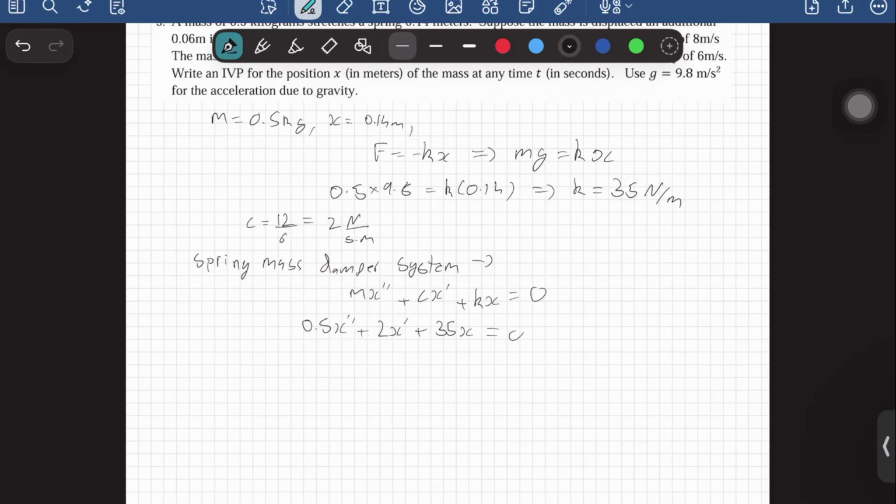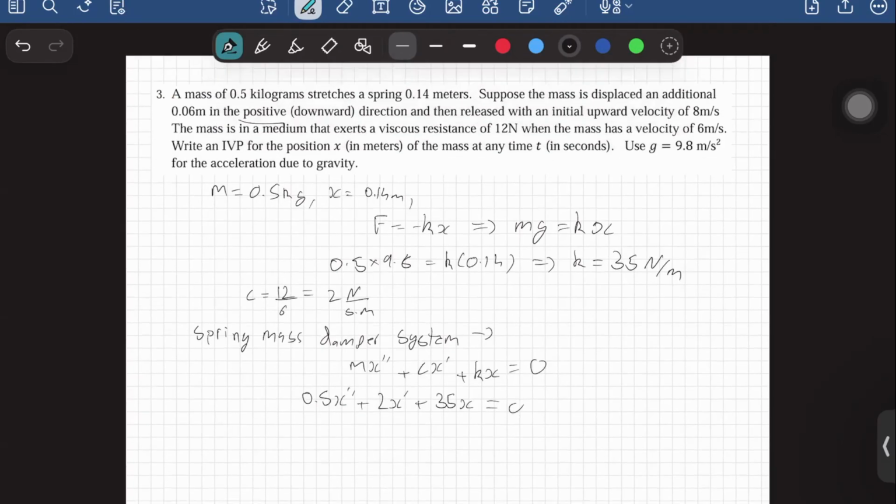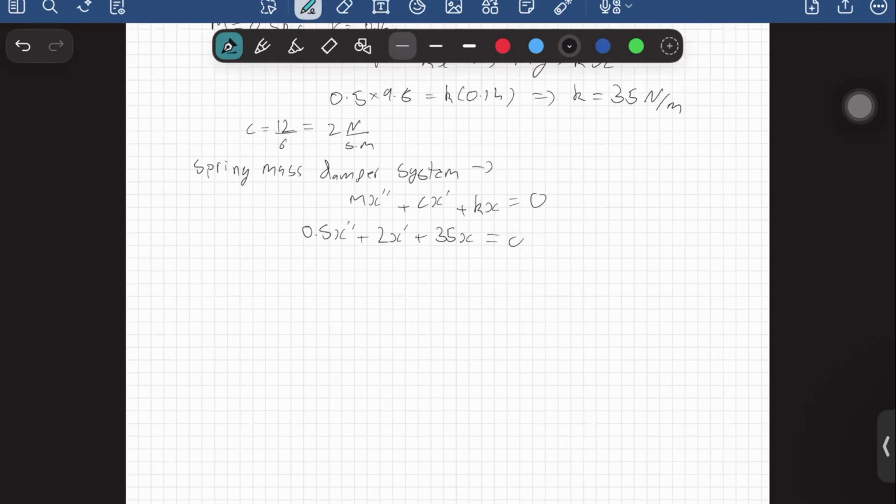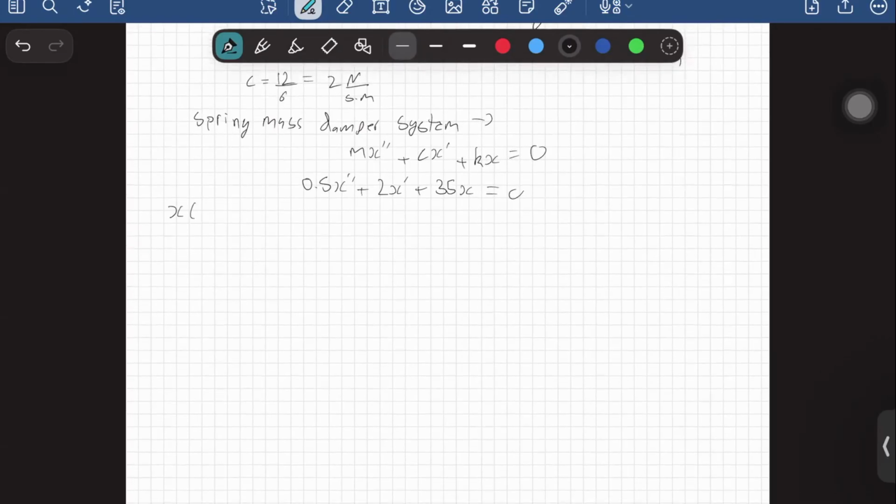And we also have to write the initial conditions as well, right? So as you can see, it was written over here that the mass is displaced an additional 0.06 meters in the positive downward direction, so we can conclude that x of 0 is 0.06, right?